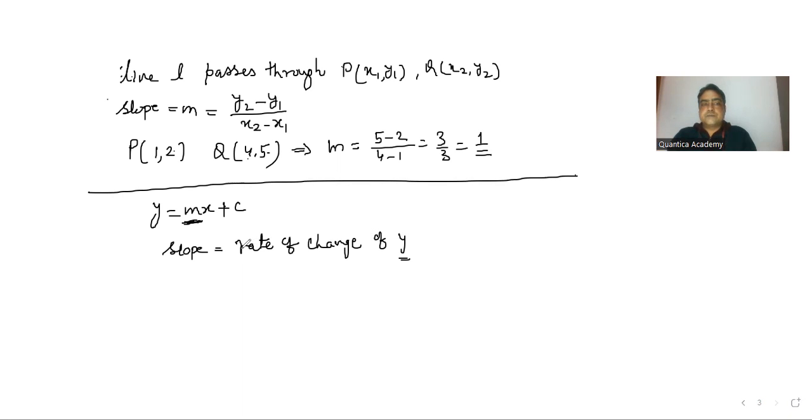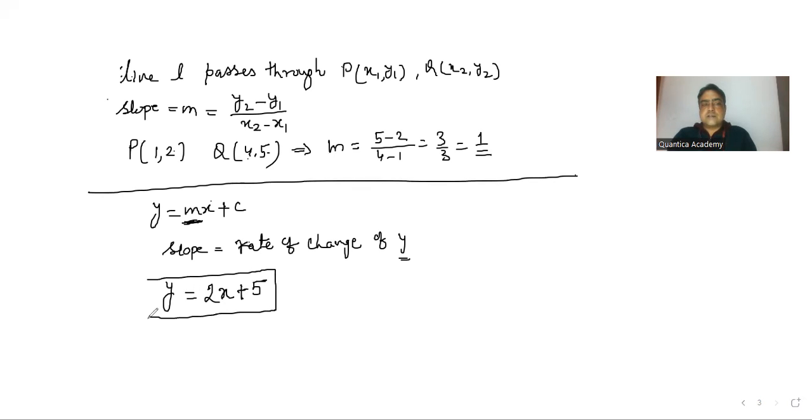That means if there is a unit change in variable x, the rate at which y changes is called the slope. For example, suppose an equation is given y equals 2x plus 5.